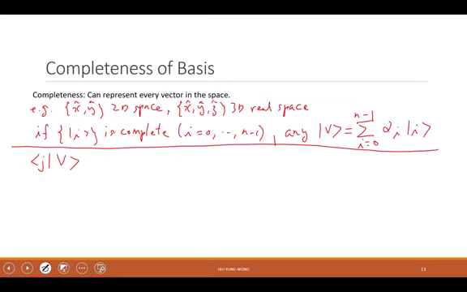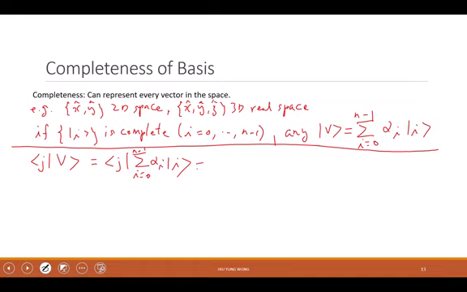We find the inner product of <j|, a basis vector, on V. So what does it look like? <j| operates on the summation over I equal to 0 to n minus 1 of alpha I |I>. It looks very weird, but do not forget, this is just addition, and we already showed that it obeys the distribution law, earlier in the bracket operation.